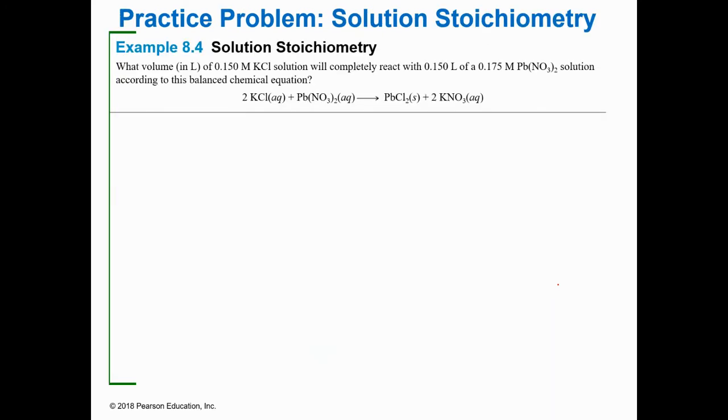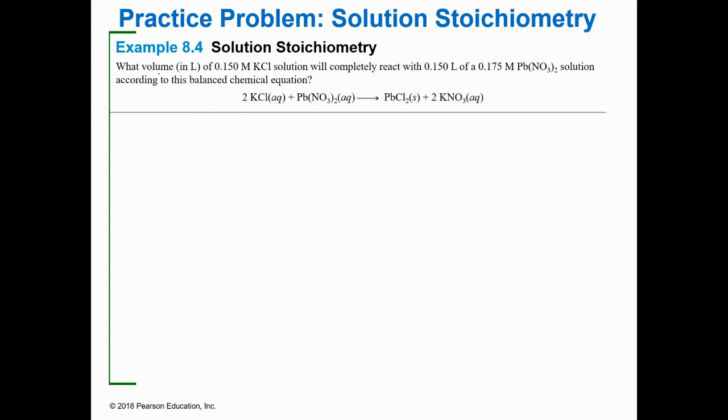For example, here we have this balanced equation. We have 2 moles of potassium chloride reacting with 1 mole of lead nitrate to create 1 mole of lead chloride and 2 moles of potassium nitrate.